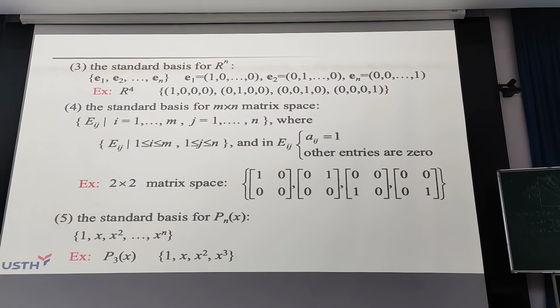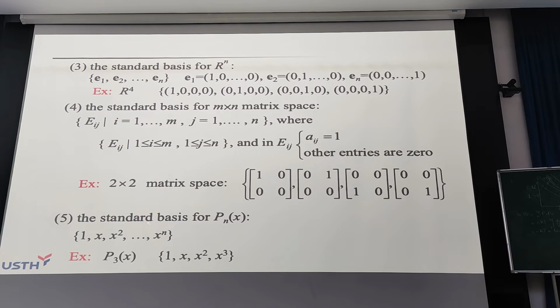For the space of n by n matrices, the standard basis consists of E_ij, with i from 1 to n and j from 1 to n, where E_ij is the n by n matrix with every entry 0 except only one: the entry lying on the i-th row and j-th column is 1.